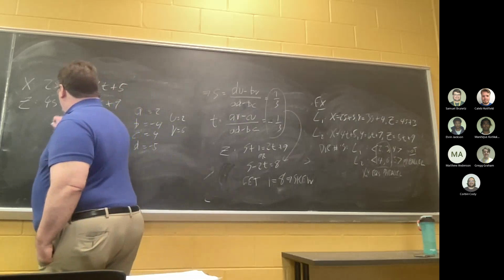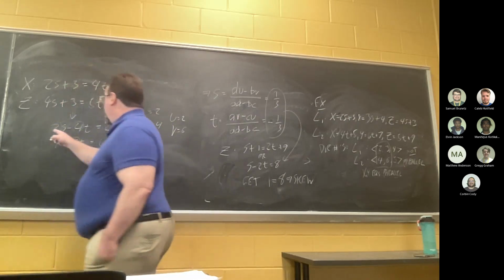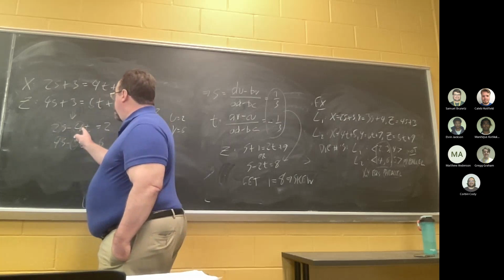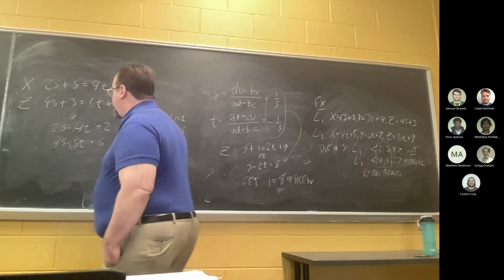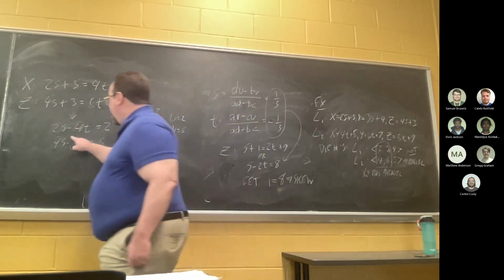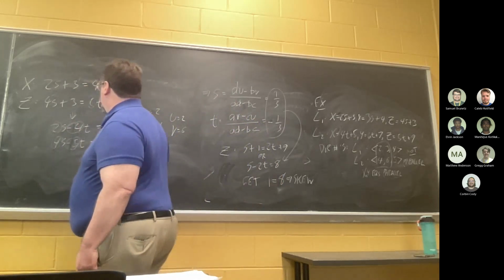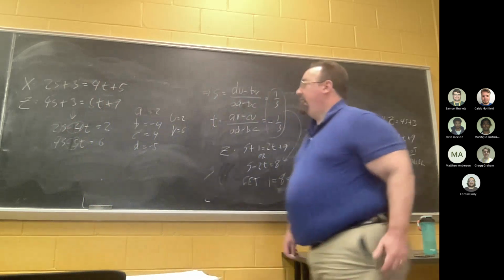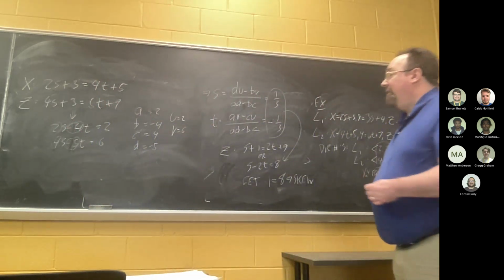Here too, I don't have to compute AD minus BC to know that these coefficients, 2 and minus 4, and 4 and minus 5, define two vectors in two-dimensional space that are not parallel.